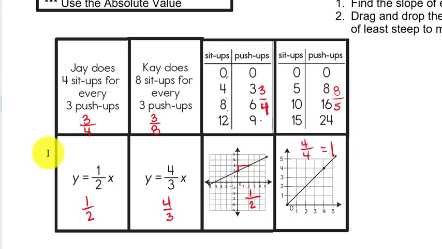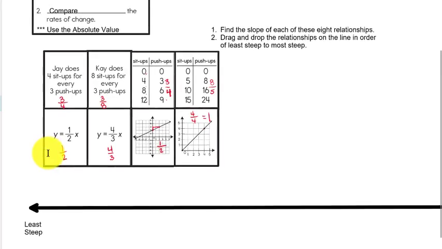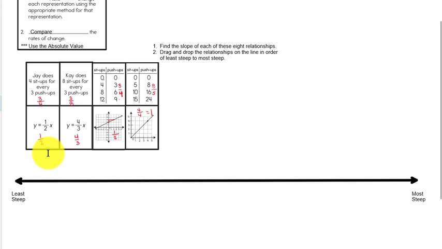So then my challenge to you is to put these in order on this line from the least steep to the most steep. So the smallest one, that might be the easiest for you to identify. It's not 1/2.